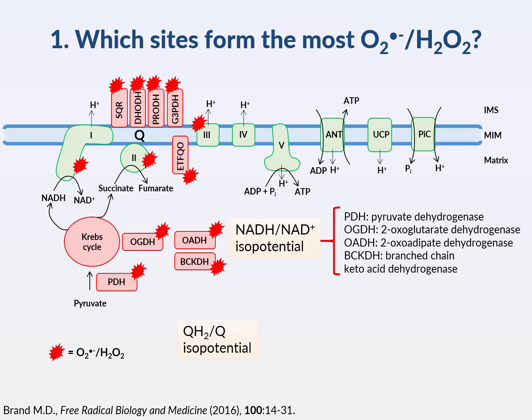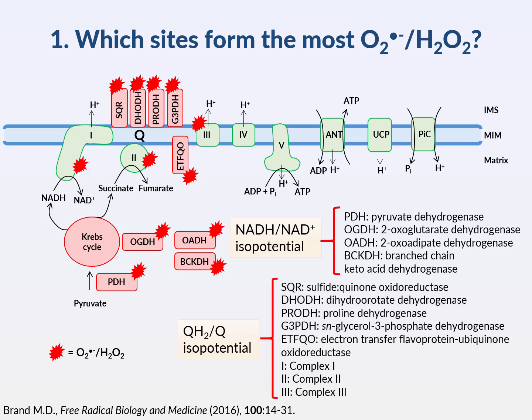The second group donates electrons directly to the quinone pool, bypassing the Krebs cycle. These enzymes include sulfide quinone oxidoreductase, dihydroorotate dehydrogenase, proline dehydrogenase, glycerol 3-phosphate dehydrogenase, ETFQO, which is involved in fatty acid metabolism, and complexes 1, 2, and 3.